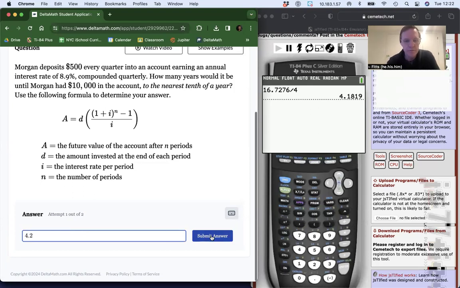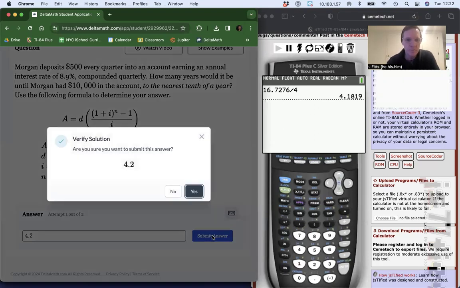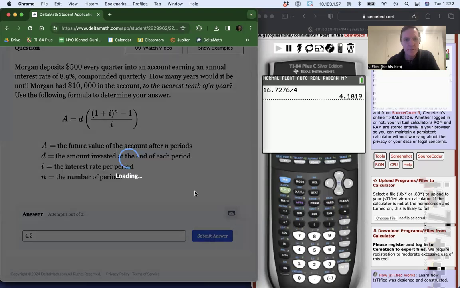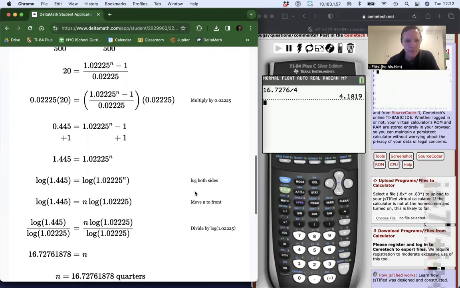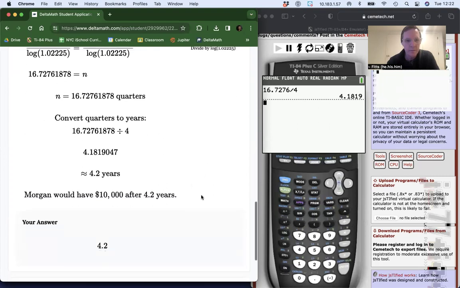That's the tricky part with these, because sometimes they're quarterly, sometimes they're monthly, that sort of thing. So be really careful with that. See, 16.72 divided by 4 gives me 4.2 years.